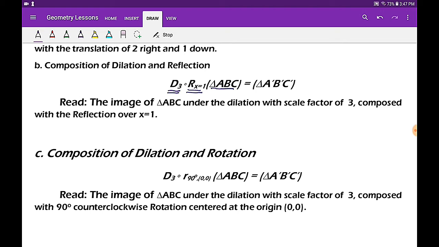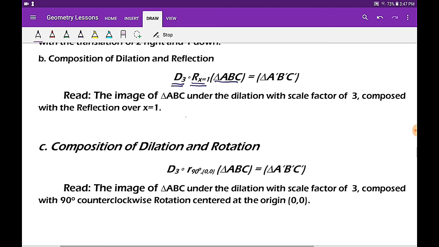In a reflection, the element of reflection is a line of reflection. Here, we are reflecting over the line x equals 1. It is a vertical line intersecting the x-axis at 1. That's not the lesson today. So, reading: the image of triangle ABC under the dilation with a scale factor of 3 composed with the reflection over the line x equals 1. Take note, sometimes the line is named by a letter.